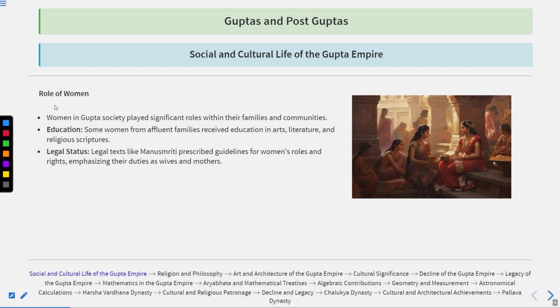Apart from this, if we talk about the role of women in the Gupta society, women played a significant role within their families as well as the communities they belonged to. If we talk about education, some women from elite families, meaning the rich families, received education in various fields, including arts, literature, religious scriptures, and more.